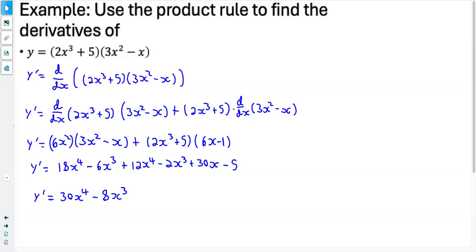Then for x squared, we didn't end up with any x squared terms, so we'll skip over that. Then we have just one term with an x, plus 30x, and just one constant term, negative 5. So this would be our derivative of this.